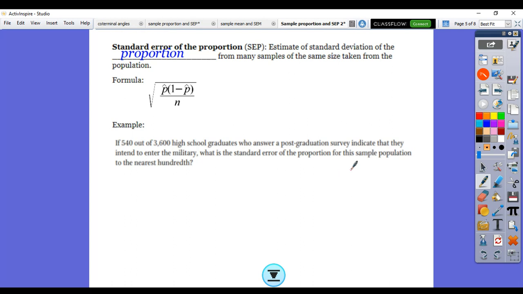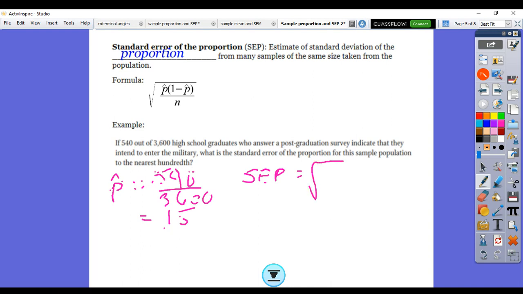Okay, so let's see. In this case, we need to know p hat, so I'm going to have to calculate that first. p hat is just going to be x over n, so 540 over 3,600. And that turns out to be 0.15. So p hat is 0.15, and I put that in the SEP formula.